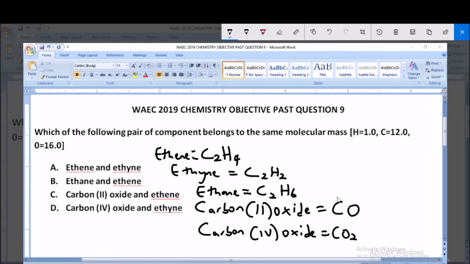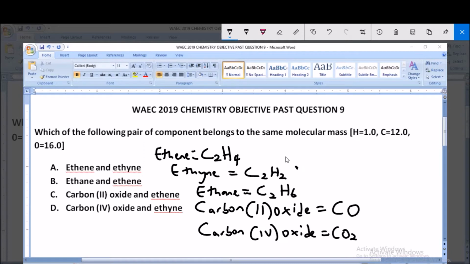So the first option A is ethene and ethyne. So we can see that ethene has 2 carbon atoms and 4 hydrogen atoms, and ethyne has 2 carbon atoms and 2 hydrogen atoms. So mathematically it's impossible for them to have the same molecular mass.